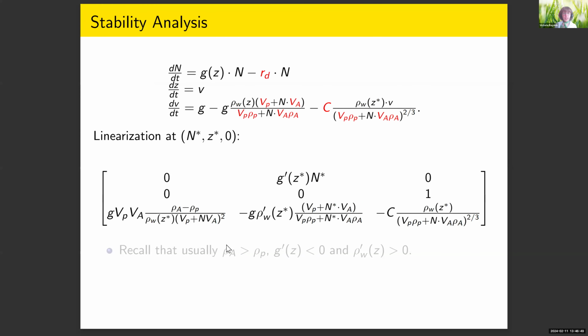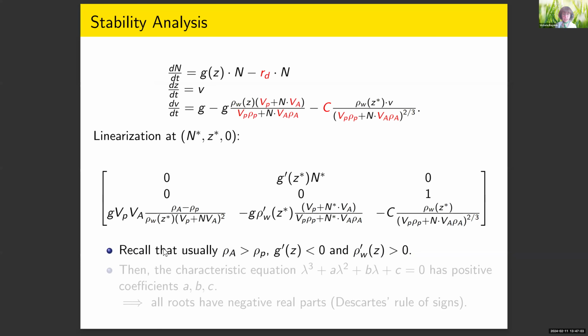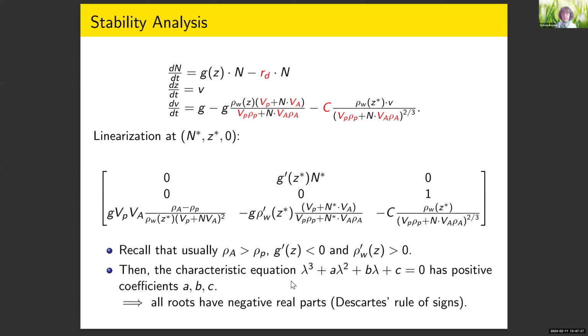Okay, so let's study stability. We can consider linearization. So we have this matrix of first derivatives. And with our conditions that the density of algal cells is higher than the density of plastic, also that the rate of growth of algal cells is a decreasing function, and the density of water is an increasing function, from these conditions we can see that the characteristic equation has all positive coefficients.